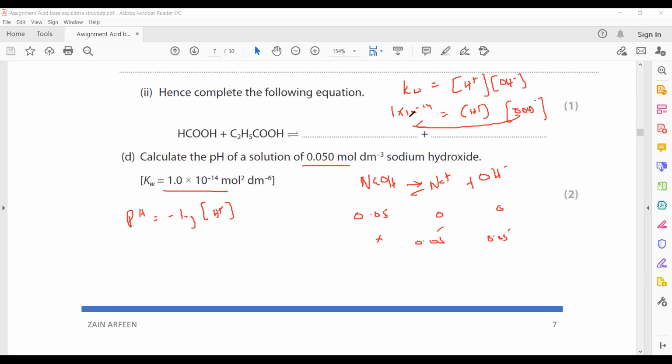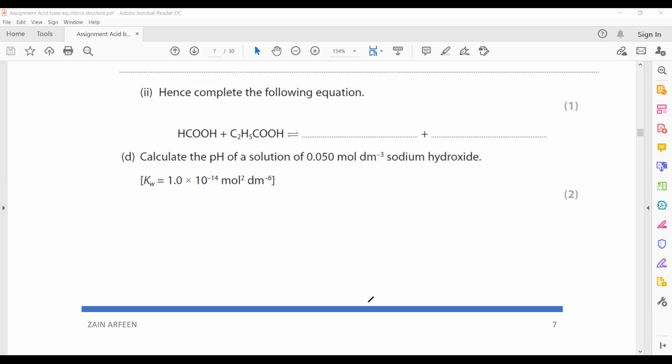Using this, you will get the hydrogen ion concentration. When you substitute, you will get the pH, which is equal to minus log of hydrogen ion concentration. This is how we find the pH of a strong base.